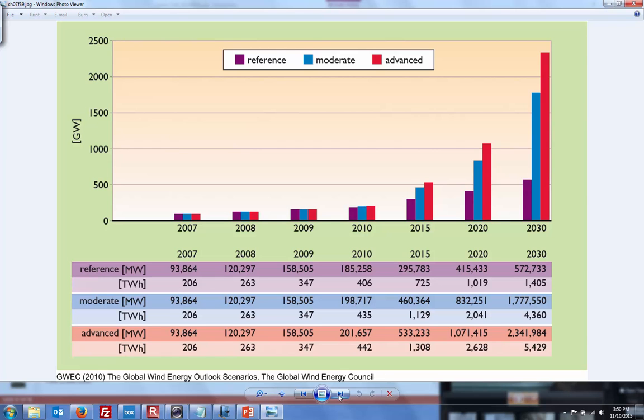So what we can see is that the technical potential for onshore is 45,000 terawatt hours, and what is that last column, is that percentage share?